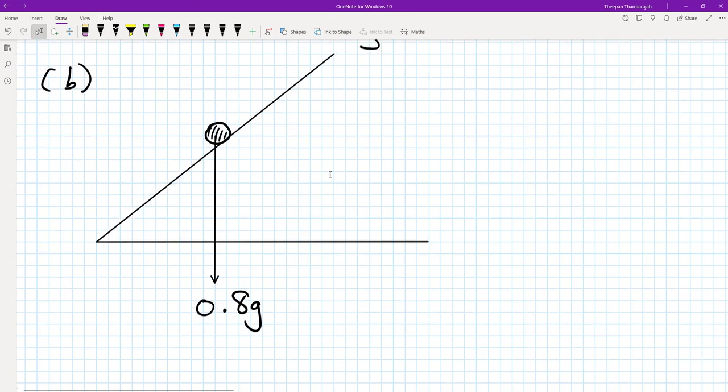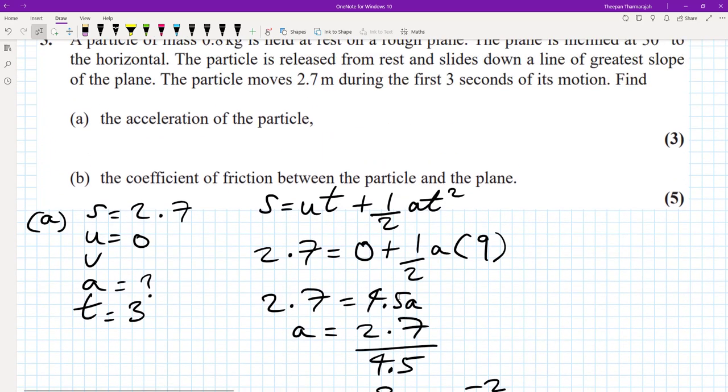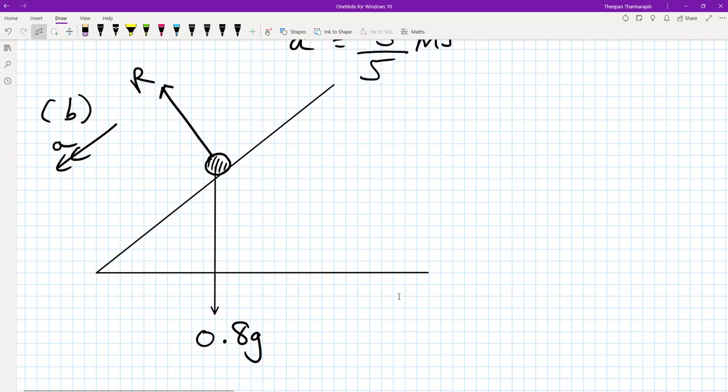It's trying to slide down the plane, so we need the acceleration going down. A normal reaction perpendicular to the plane. We also know that there's friction involved, so it's on a rough plane, so there is definitely friction. So we're going to call that mu R. So mu R is opposing motion. So now what we're going to do is resolve the forces. Don't forget the weight is always the hypotenuse of a right angle triangle.